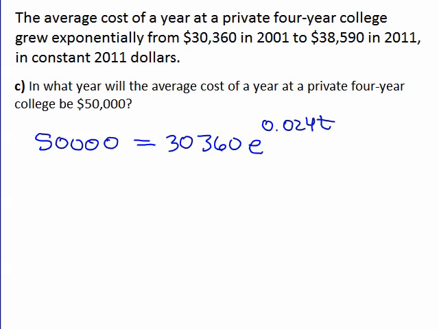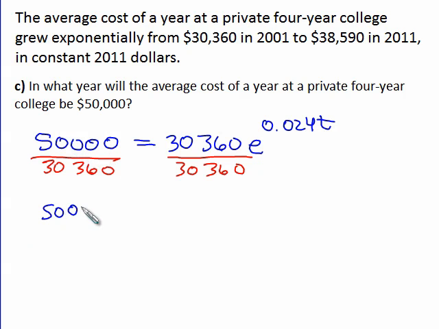So the first step to getting t isolated is to divide both sides by 30,360. And again, I'm not going to bother simplifying this or turning it into a decimal. I'll just leave it as 50,000 over 30,360.